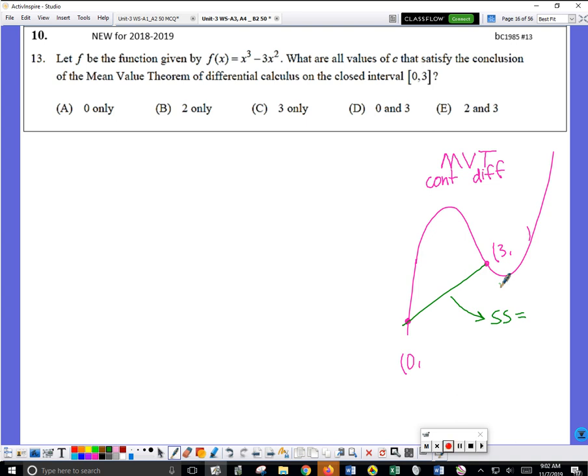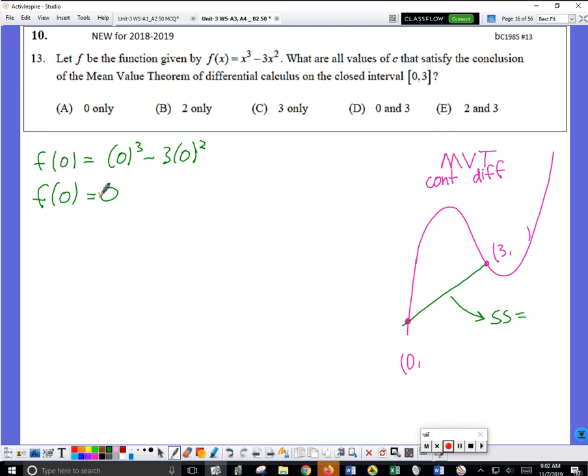So to make sense of this problem, we want to find this secant slope. So we need these two y coordinates. We already mentioned today how to do that. We just use our formula. So f of x equals 0 is going to be 0 cubed. That one's easy. So f of 0 is simply 0.